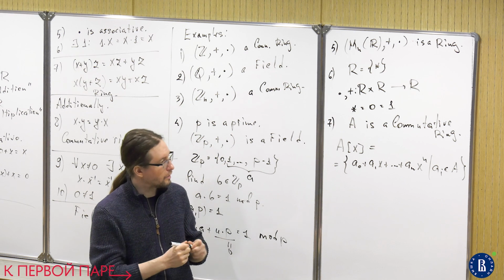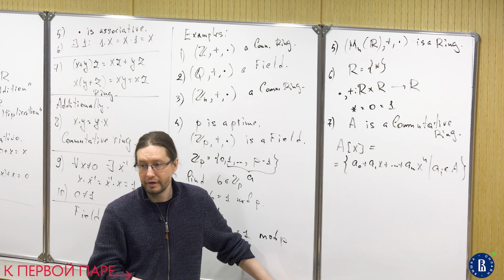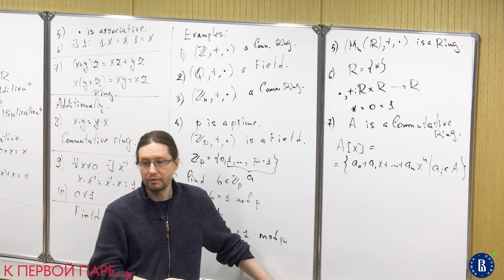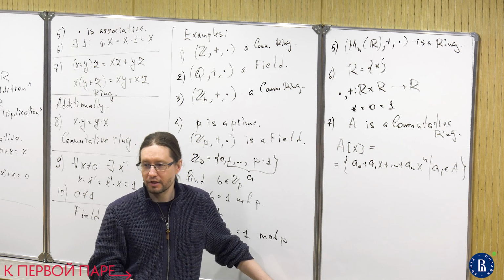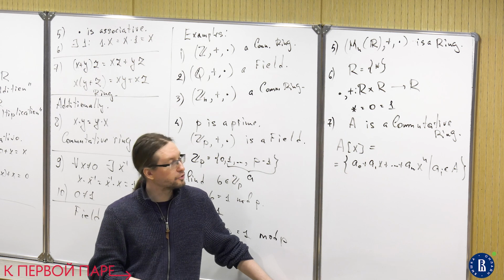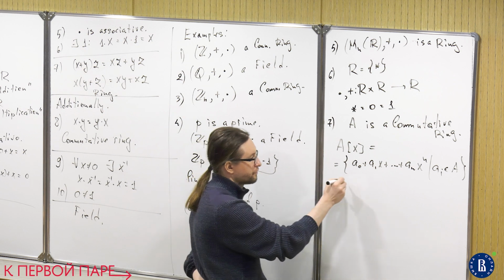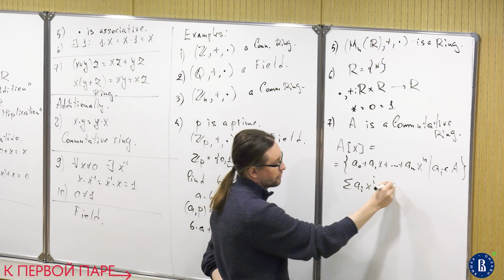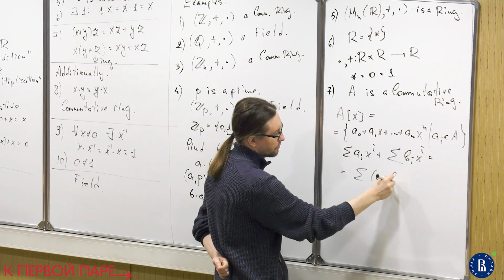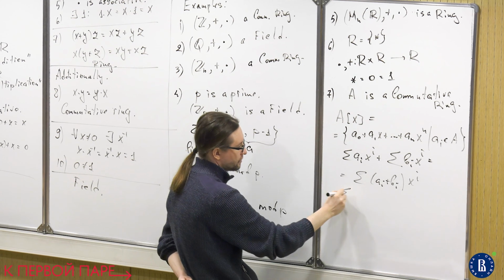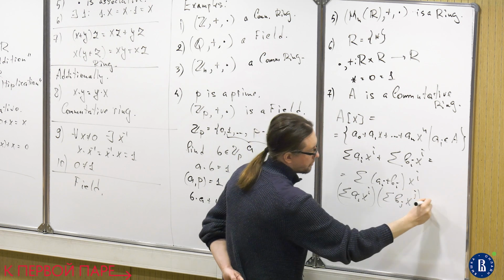Now, if I want to provide this set with the structure of a ring, I must define addition and multiplication. But I believe you can guess how the addition and multiplication work. You just use the usual addition and multiplication of polynomials. So the rule for the addition is this, and the rule for the multiplication is this.